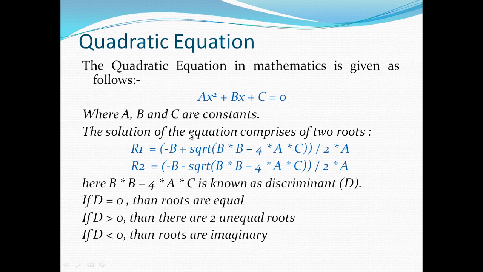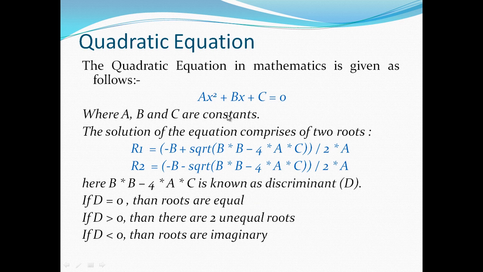So here b square minus 4ac, which is in the bracket here, is known as discriminant. So what the discriminant does, if we calculate b square minus 4ac taking in the values of a, b and c, then if it comes out to be 0, suppose b square minus 4ac equals 0, then the roots are equal, means we have only one root.